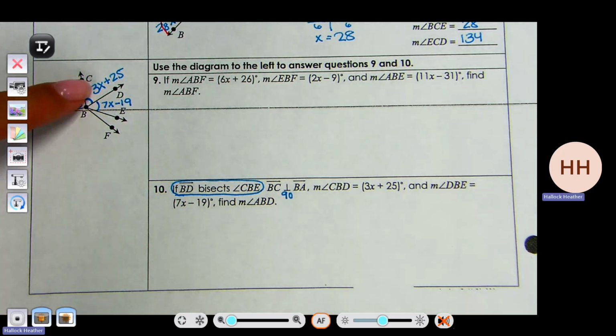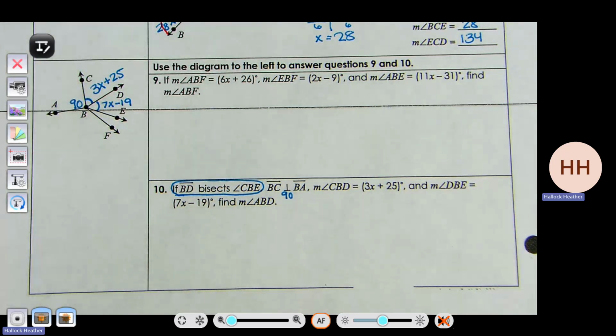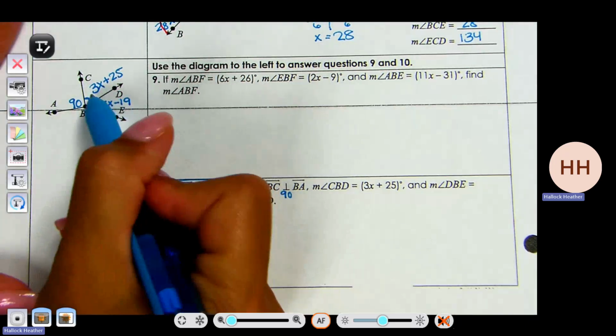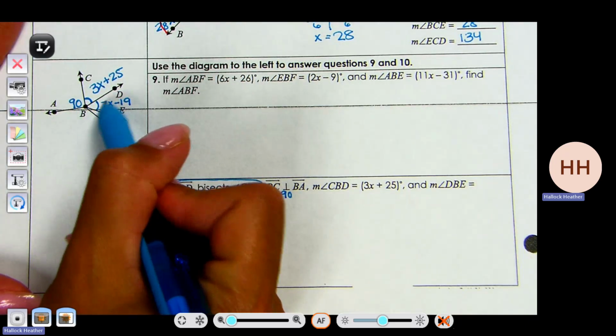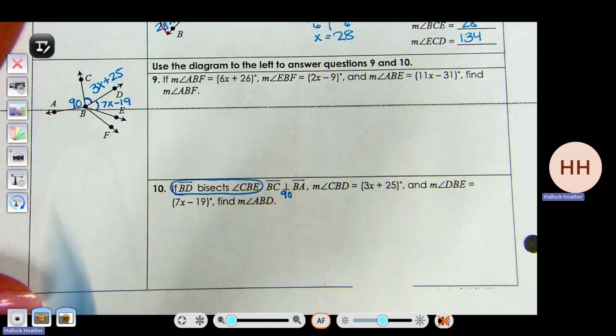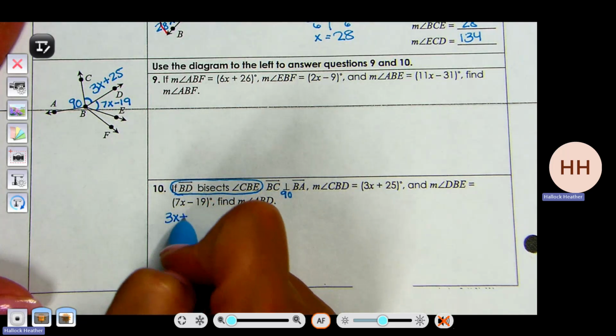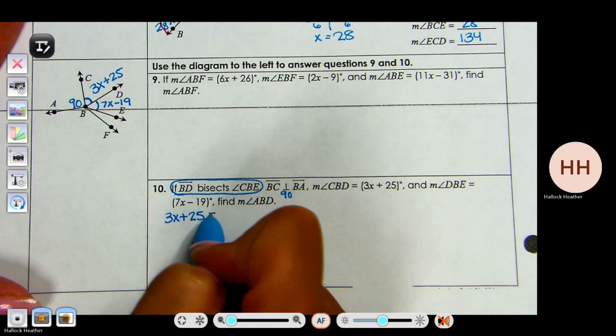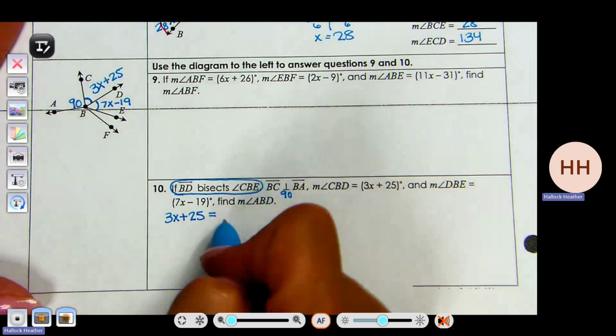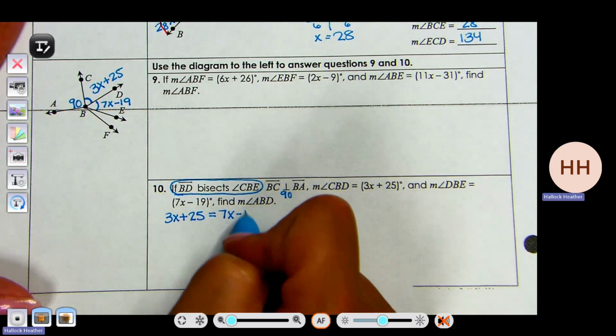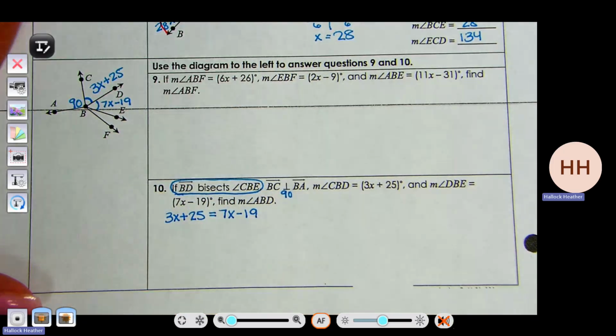I can't hear you, but you set them equal to each other, because it's bisecting, it's splitting into two equal parts. So whatever this angle is, this is also this. So we're going to set these two angles equal to each other because it's bisecting. We're going to say 3x plus 25 equals 7x minus 19. That 90 is there for later. We're going to use it later.